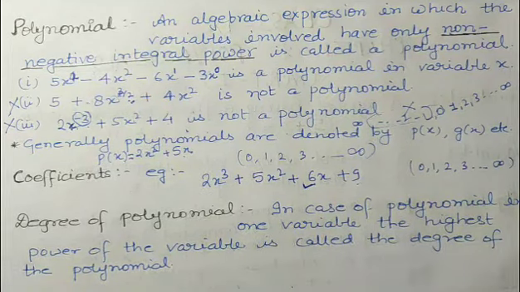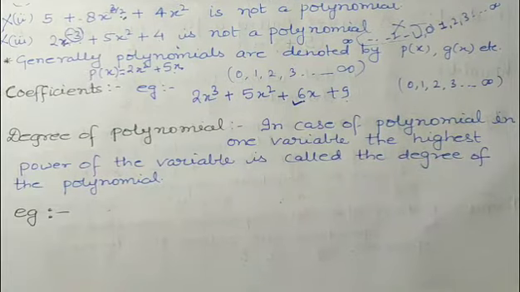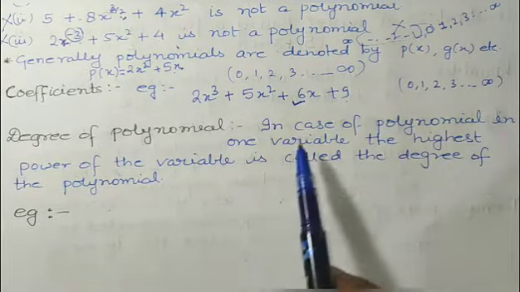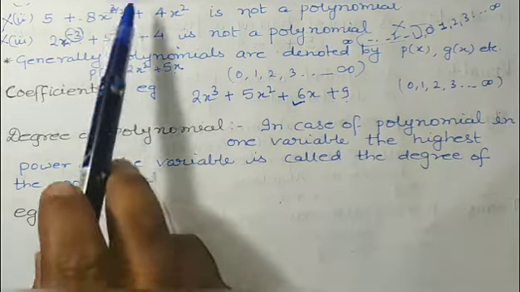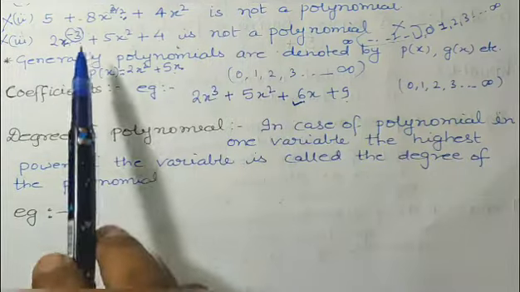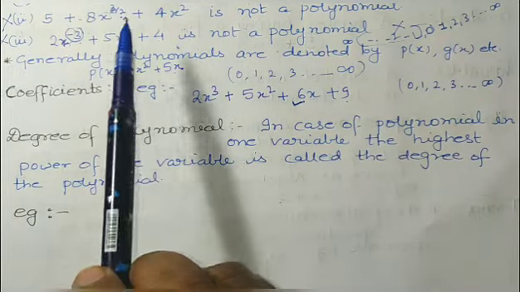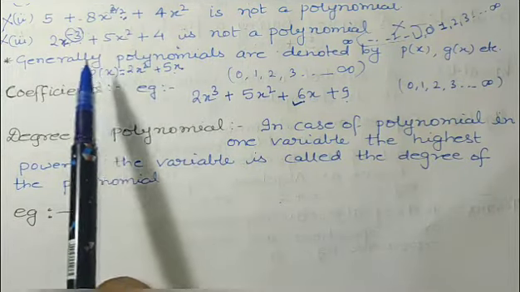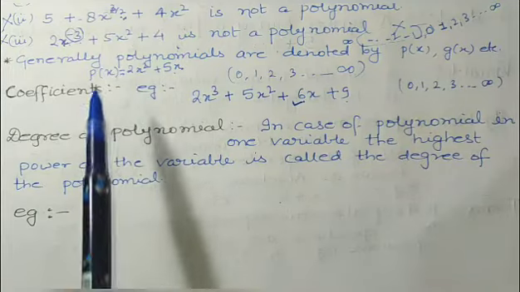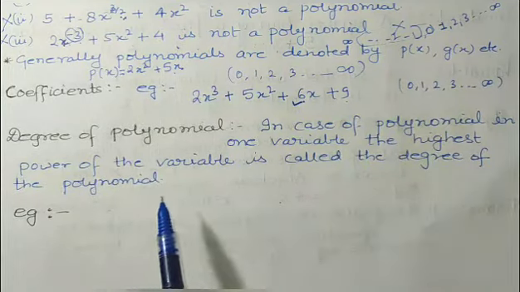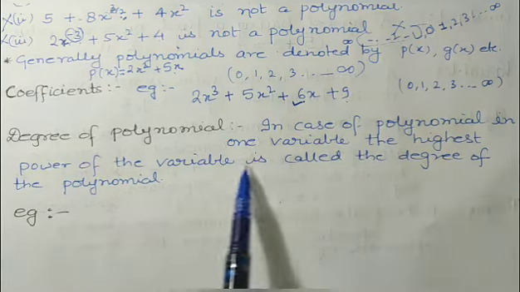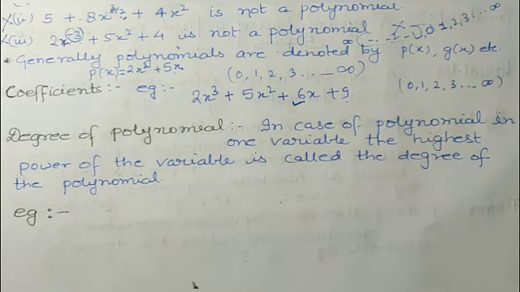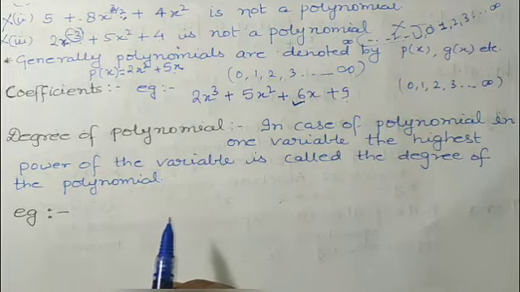Now students, next topic is degree of a polynomial. See students, these are all examples of polynomials in one variable, because only one variable is used. In case of a polynomial in one variable, the highest power of the variable is called the degree of the polynomial. What does it mean?